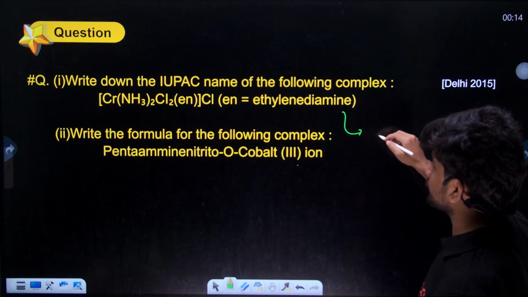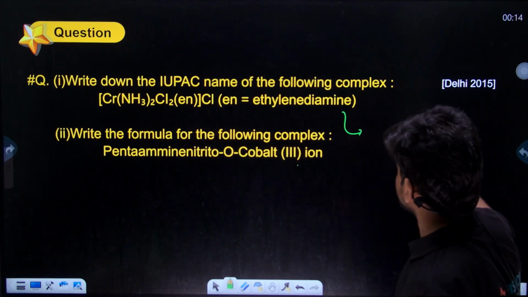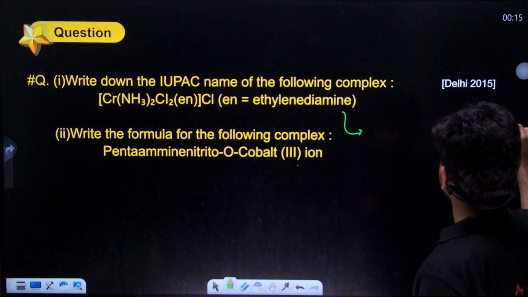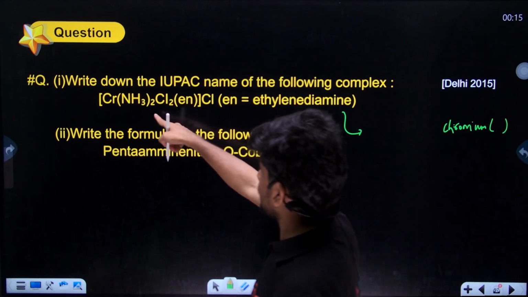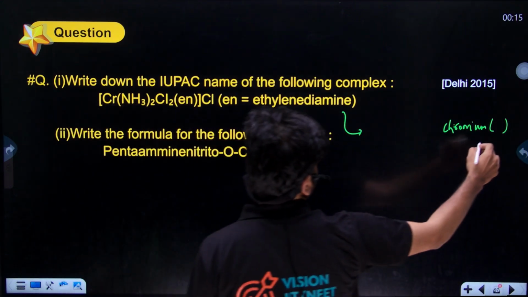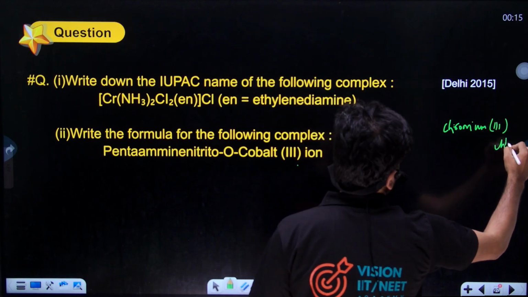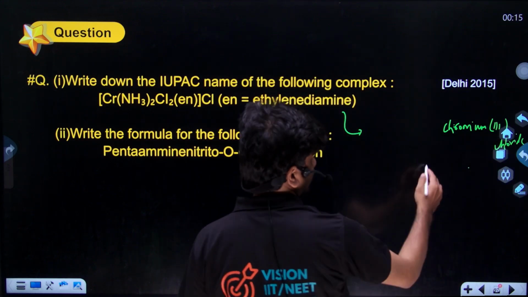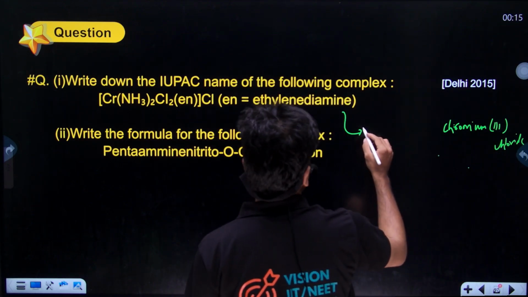So here you write chromium. What is the charge present? X minus 2 plus 1, so it is 3. You will be writing chloride here. Then what is the name here?